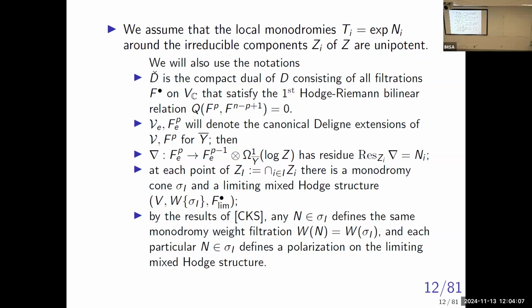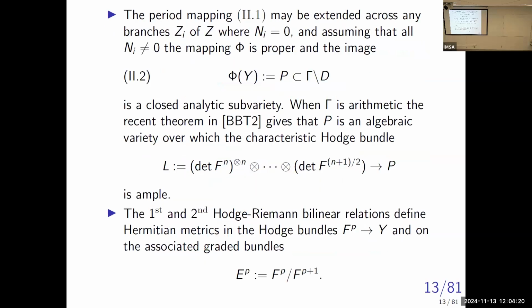That was the one variable case that Schmid did. The several variable case was by Cattani, Kaplan, and Schmid. Again, curvature is going to come in a way that I'll explain.